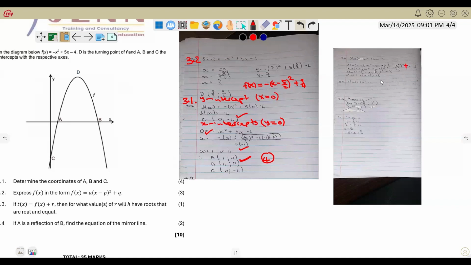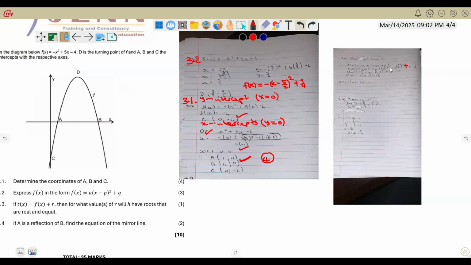Yes, sir. Then that one was going to give you x minus 5 over 2 squared. Can you please punch that part on your calculator? Minus 25 over 4 plus 4. Just punch it the way you wrote it there, those last two terms, but don't forget the negative. Oh, it's negative 9 over 4.